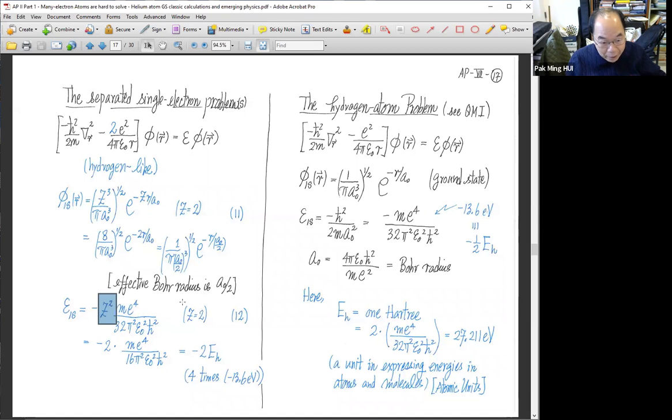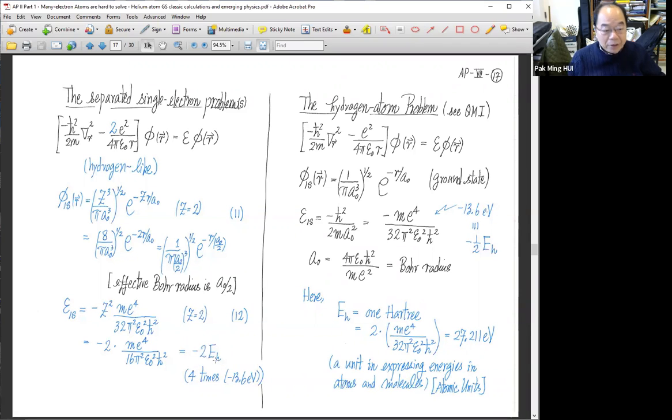So for helium, Z is 2. Therefore, it is 4 times as stable. Therefore, it is 4 times half Hartree. So it is minus 2 Hartree.